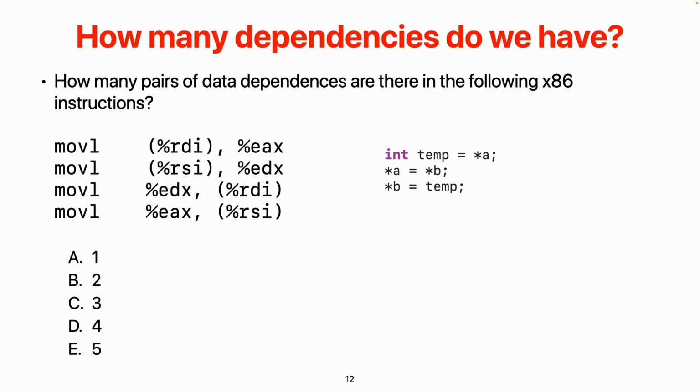What's the output? EAX. Is it waiting for any earlier instruction? No. The same for the second. But if we look at the third, the EDX value is indeed depending on the EDX value of the second. And the fourth one, the EAX value is indeed depending on the first instruction.